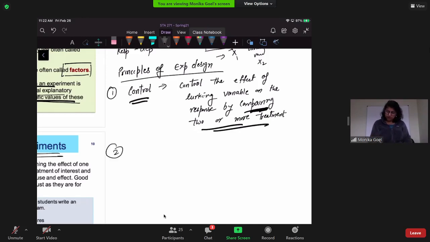Number 2, again, actually this should be number 1, or let me write randomize. So first thing you need to randomize. Randomization is always important. So again, use chance to assign subjects to treatment.